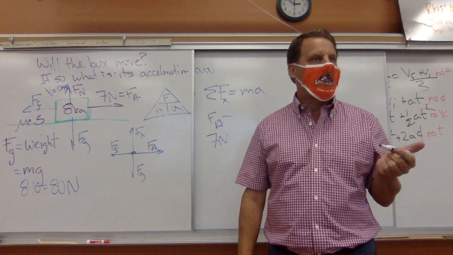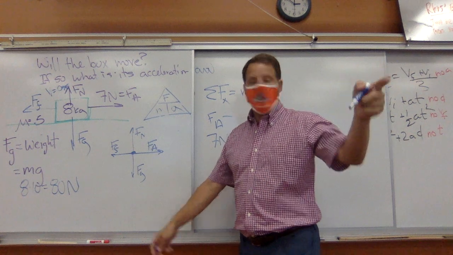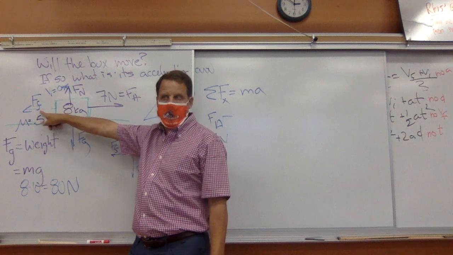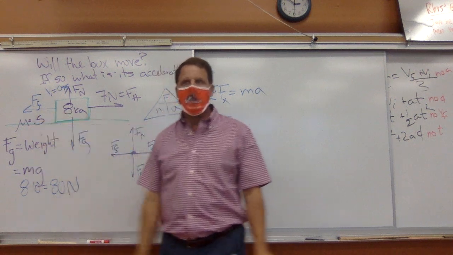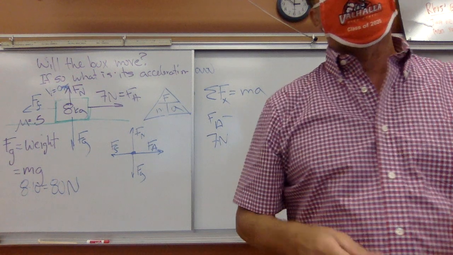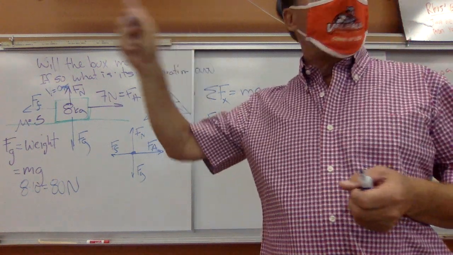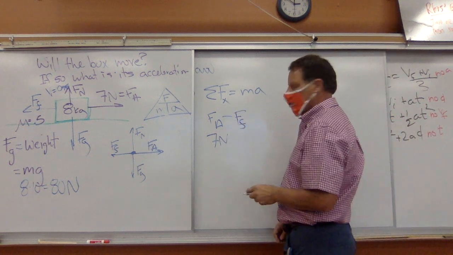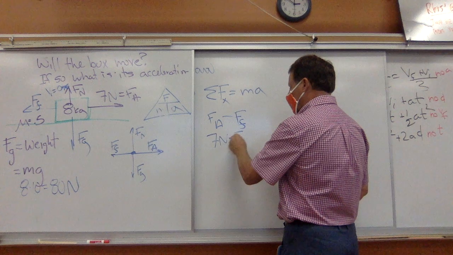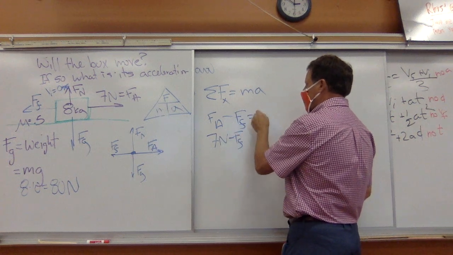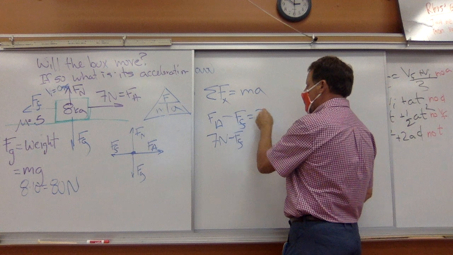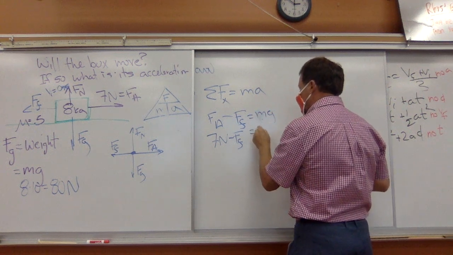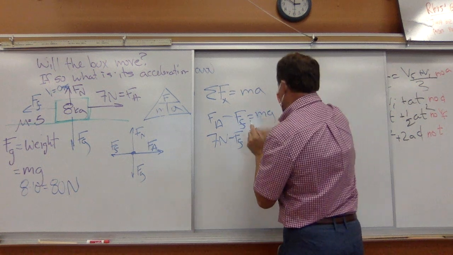What would we call that force? Weight's going to go up and down. It's going to be the frictional force, F sub F. I put negative because it's going to oppose the motion. We don't know what that is, and that's going to equal ma, which is equal to 8a.